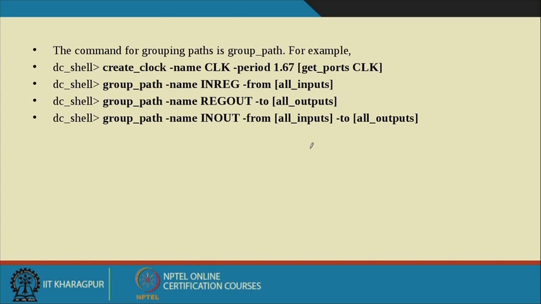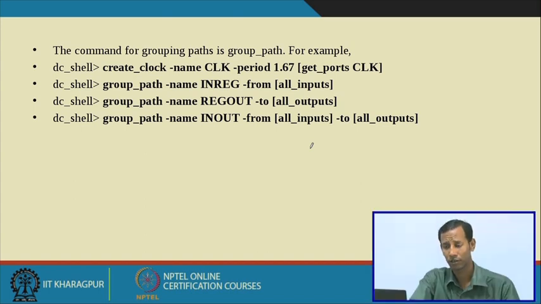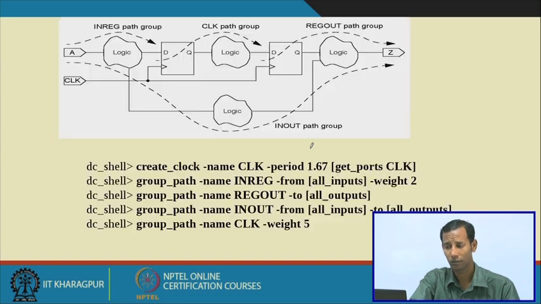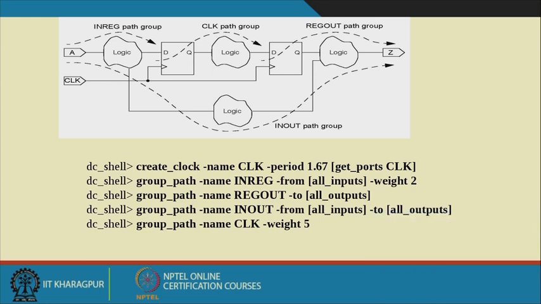So you can do this: type group path, create clock by this name. Then another example: suppose this kind of circuit is in your hand, how to create the clock, then how to create the group path with respect to this clock, in, out, this reg out, all these things you can do.